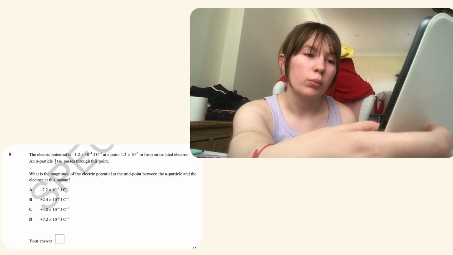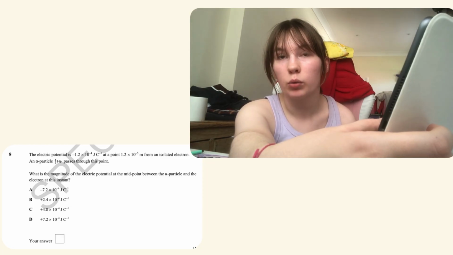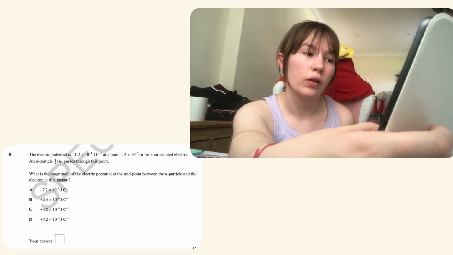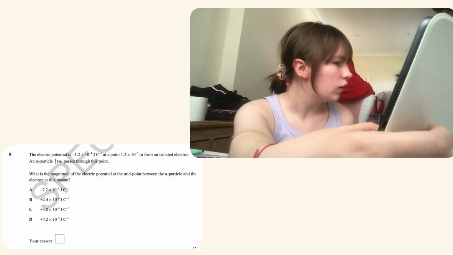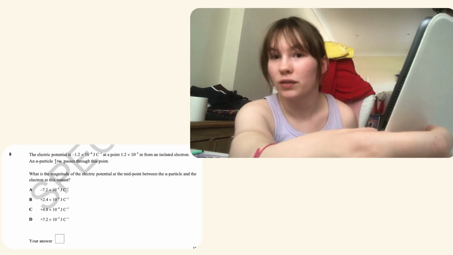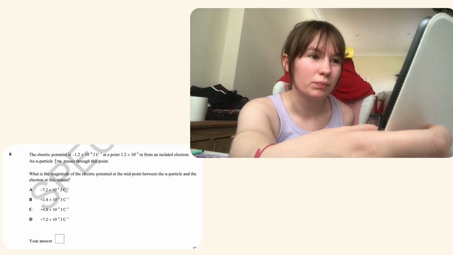This is the midpoint of the alpha particle and electron. Well, if you look at our formula book, we know that potential is proportional to 1 over r, just 1 over r, so we don't need to worry about it squared. So if the distance halves, then the potential is just going to double, so our answer should be 4.8, which is C. No, 2.4 doubled it twice. No need to do that, don't double it twice. It's B, just double it.